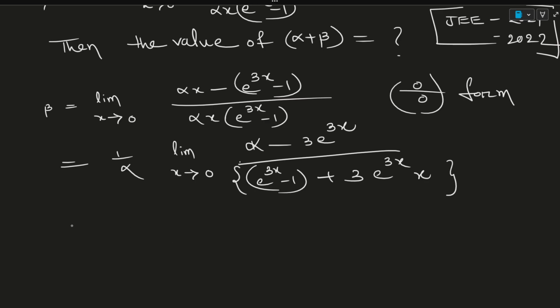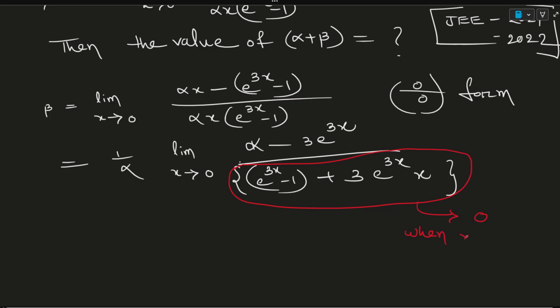Now when we apply x tends to 0, the denominator reduces to 0. I'm just talking about the denominator. This denominator tends to 0 when x tends to 0.